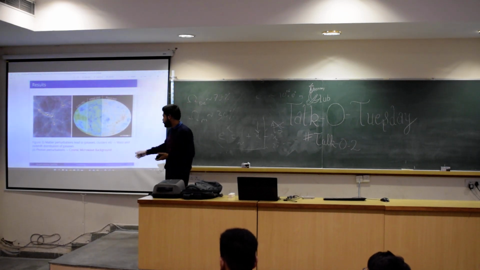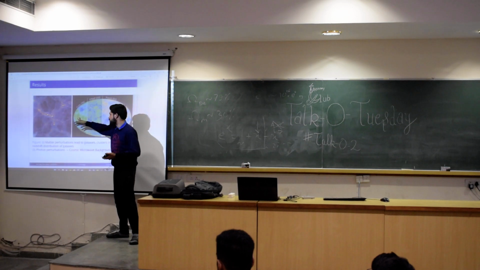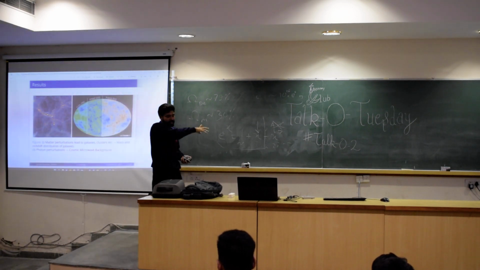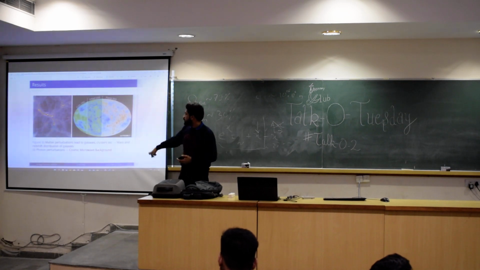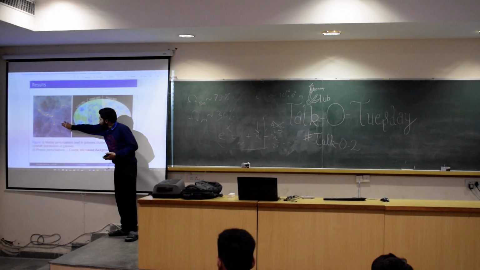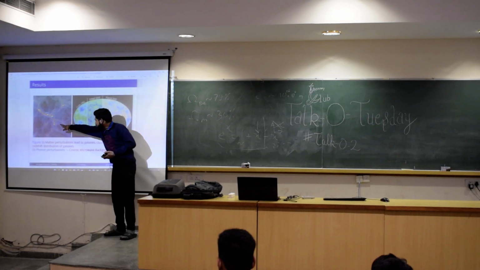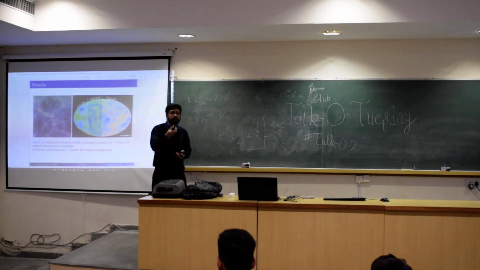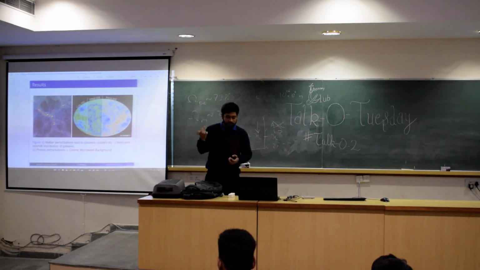They can clump and form these kinds of structures. This is an actual N-body simulation after simulating these particles. You can observe these small, very clumped structures in the orange parts. These structures are what will form your galaxies. These are the clumps that will form galaxies in the long run.